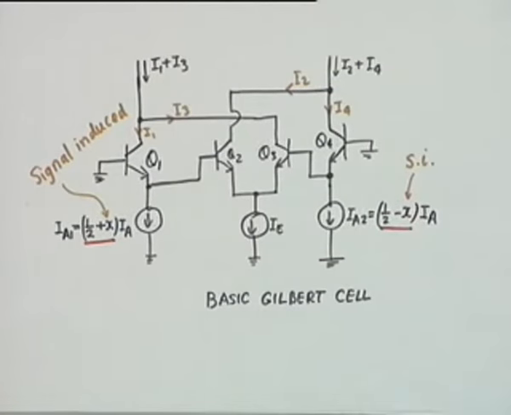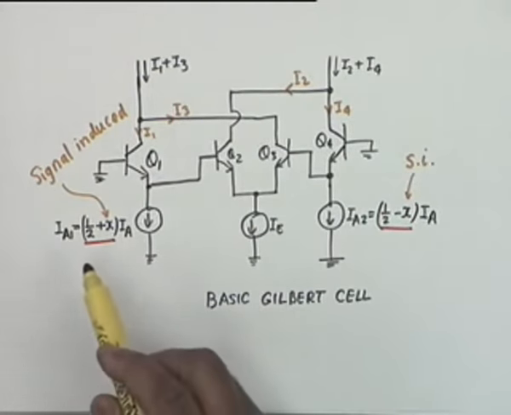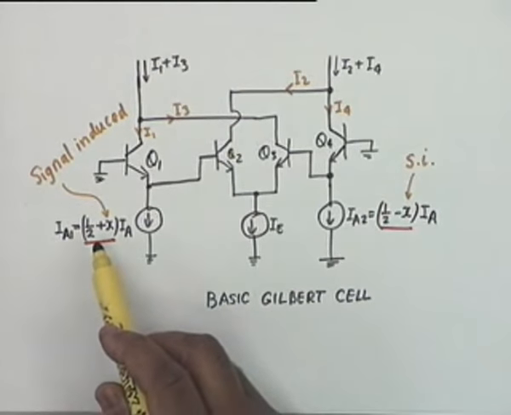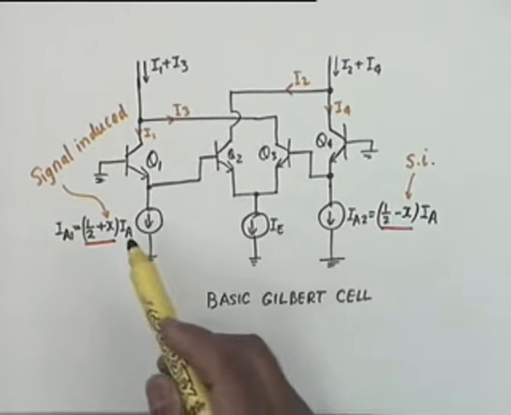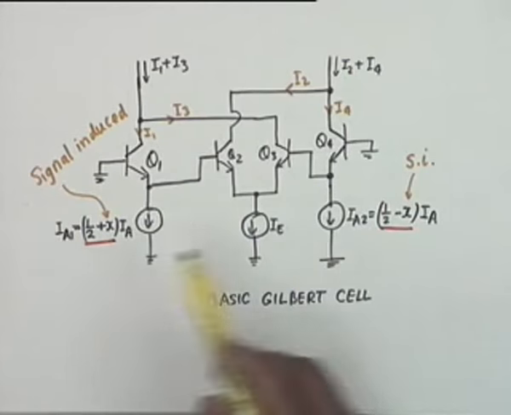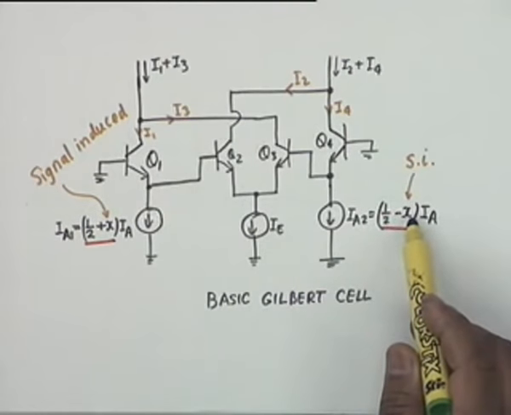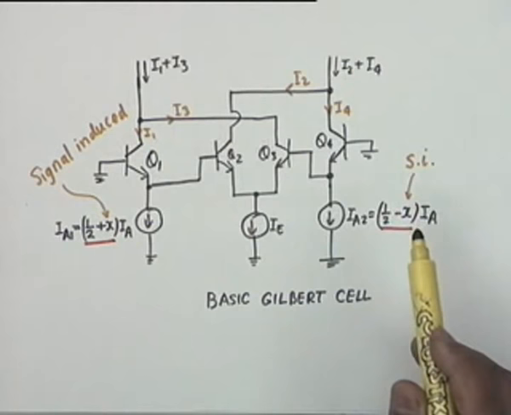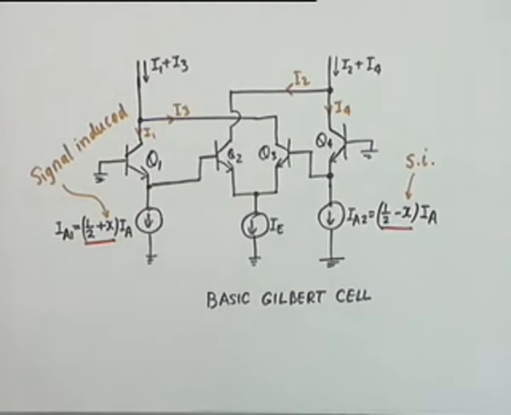If you turn your page and look at the basic Gilbert cell, the circuit is the same. We didn't make a mistake in the circuit, but in the assignment of the currents IA1 and IA2, we had written this as XIA and we had written this as 1 minus XIA, and then the differential input current had a DC component, had an IA component, which is the mistake.